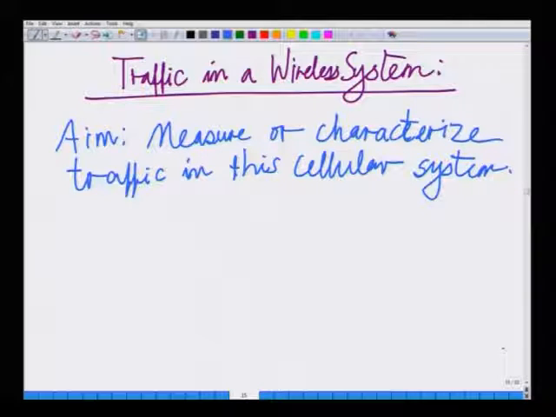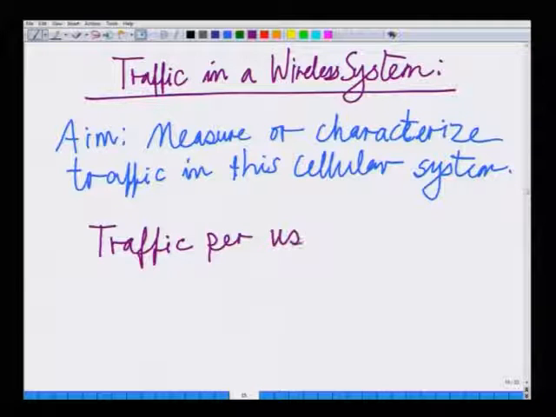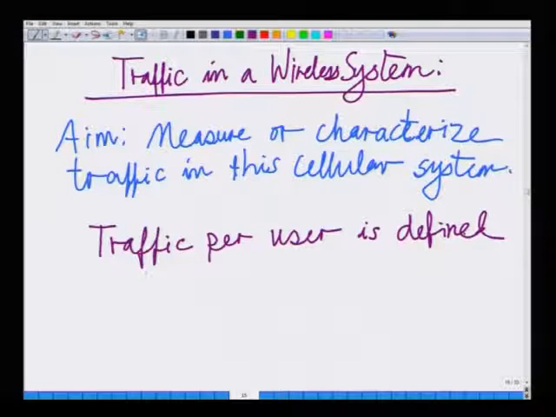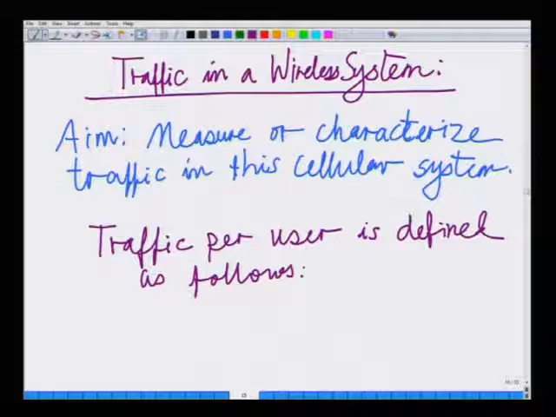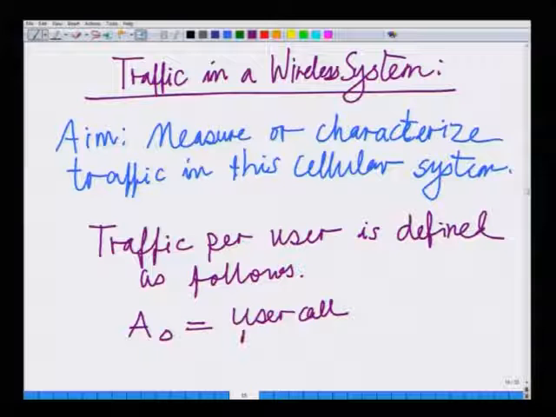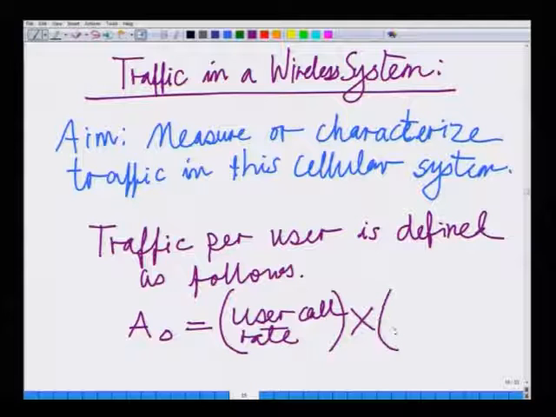The per user traffic is measured as follows. The traffic per user is defined as A naught equals user call rate into average call duration.